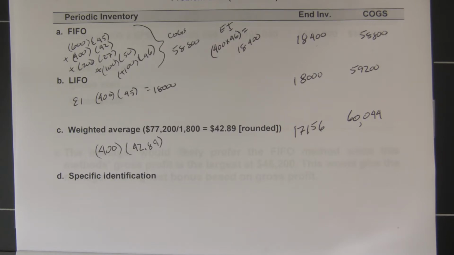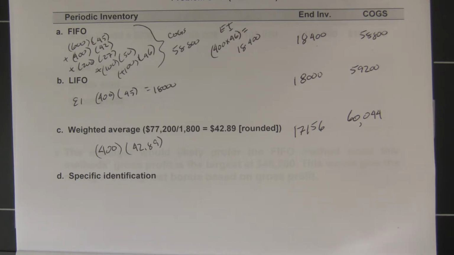Because they tell us that at the very top. In 5.3a, they say they had the following transactions. The units sold, 600 units from beginning inventory, 300 units from February, 200 units from March, and 50 from August. That's the units that were sold. So, the ending inventory is what's left.